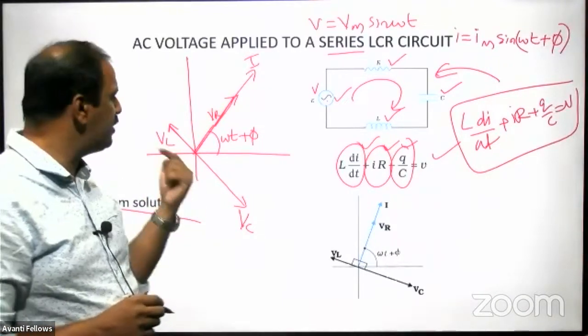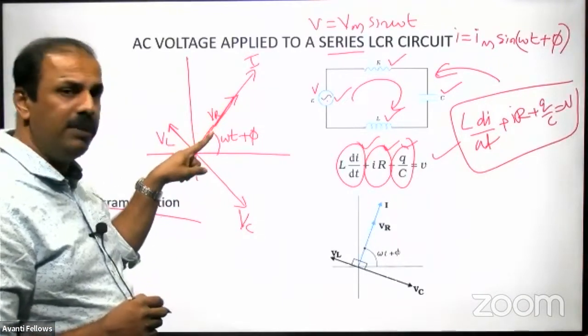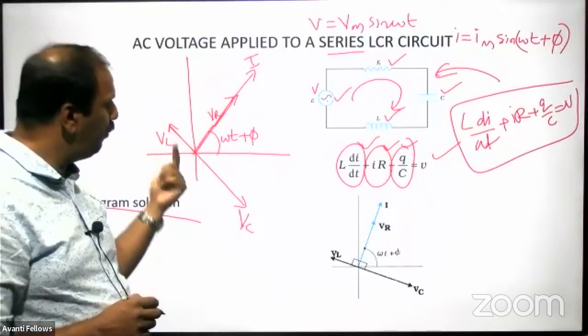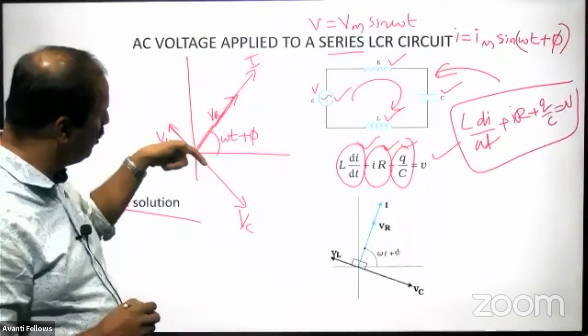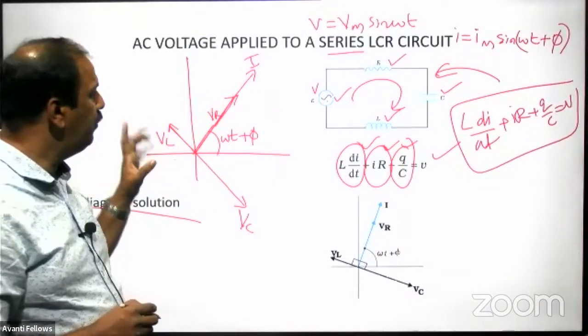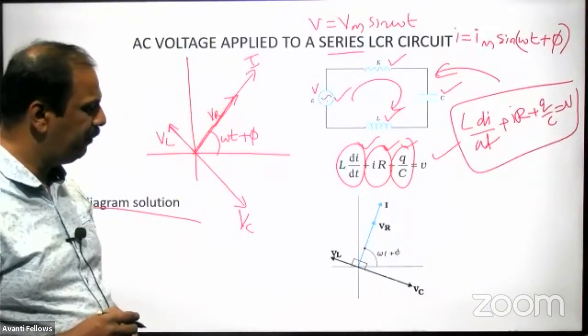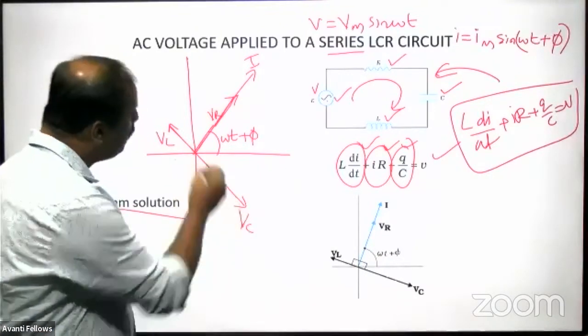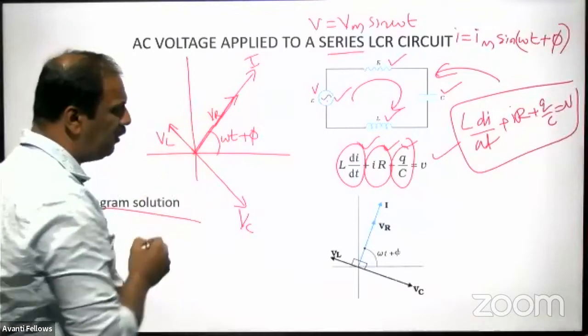And voltage across the inductor will be 90 degrees in front, or pi by 2 in front. So that we have taken here. And voltage across capacitor will be here. So we got all the three voltages here now. Now the thing is, what will be the length of this one?